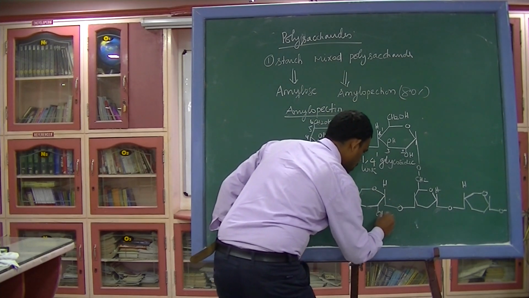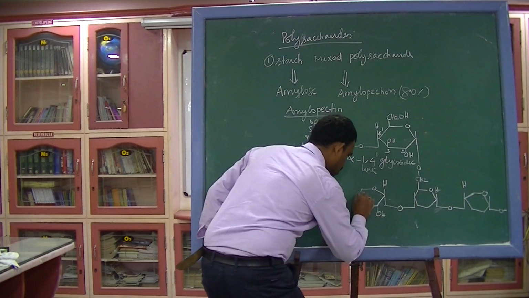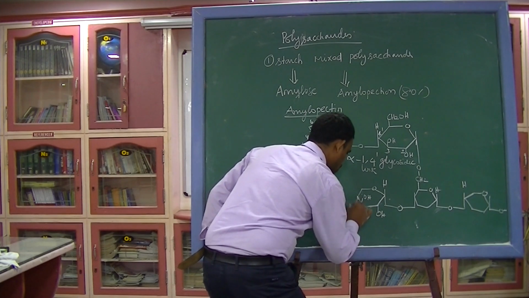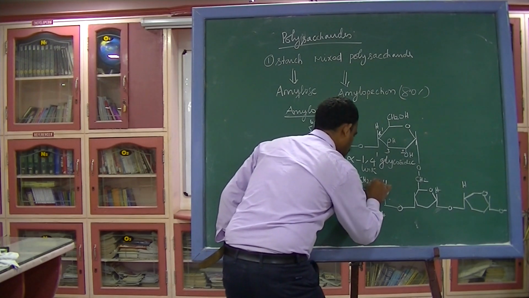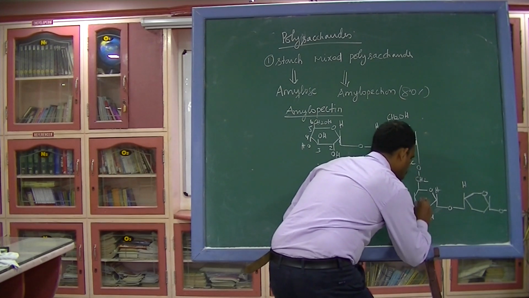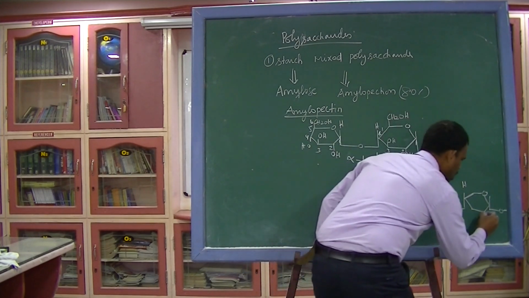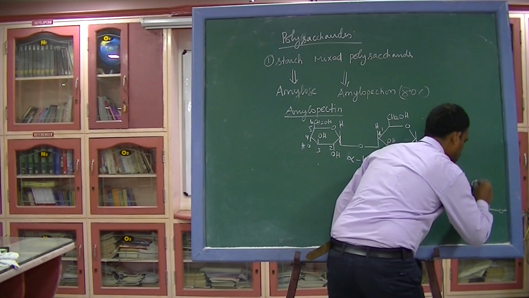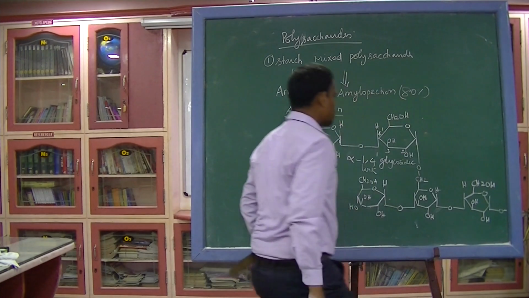So in this OH, this is OH, this is OH and CH2OH. This is an OH and OH. This is OH and OH. This is CH2OH.